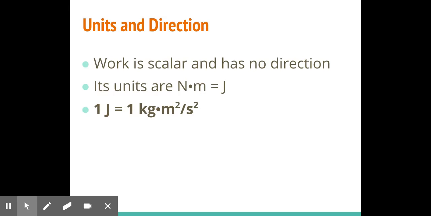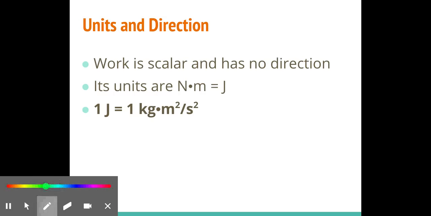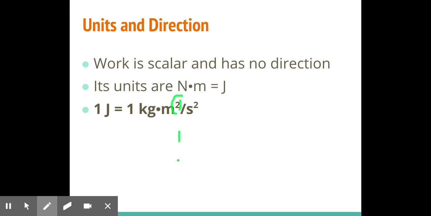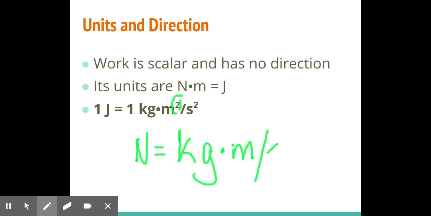Just to show you why, because I'm sure you're wondering: we know that 1 Newton is equal to 1 kilogram times meters per second squared. But now we're multiplying by yet another meter, so it's no longer meters per second squared. It's now meters squared per second squared for 1 joule.